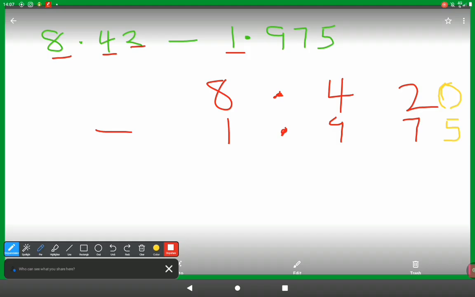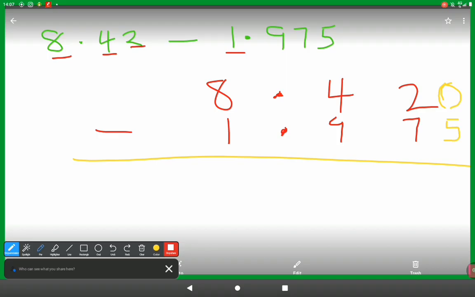So after you've done that, then you begin to subtract. Alright, so what is 0 take away 5? You cannot do that, obviously. So what are you going to do? You borrow 1 from the 2. If you borrow 1 from the 2, what are you going to have?